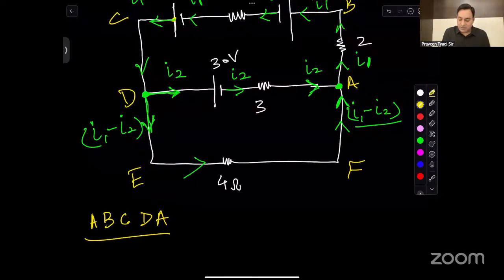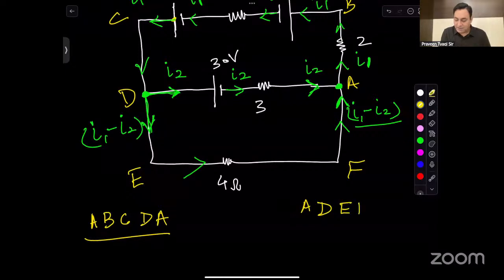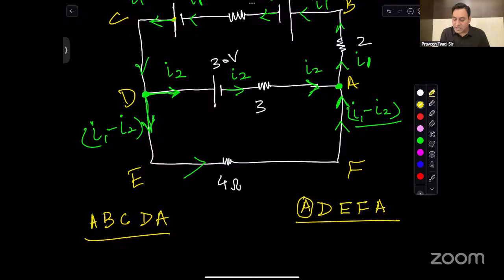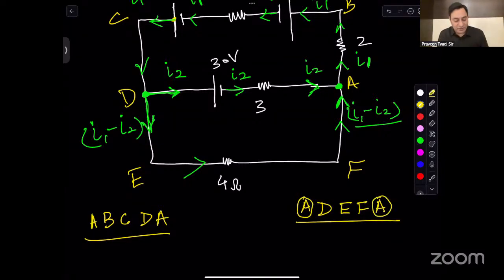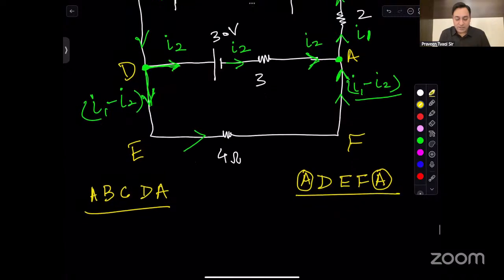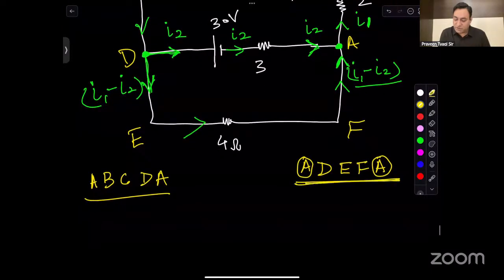Then I'll write the equation for the loop A, D, E, F, A. I should begin at the same point, end at the same point. Then you have completed the loop. And that's why this rule is called loop rule. So let me first write down the equation for this loop because we can see that on the screen.